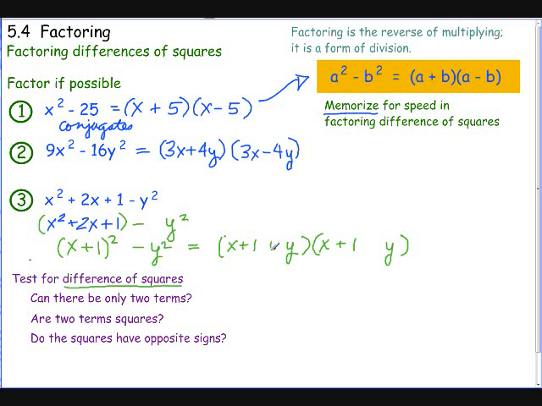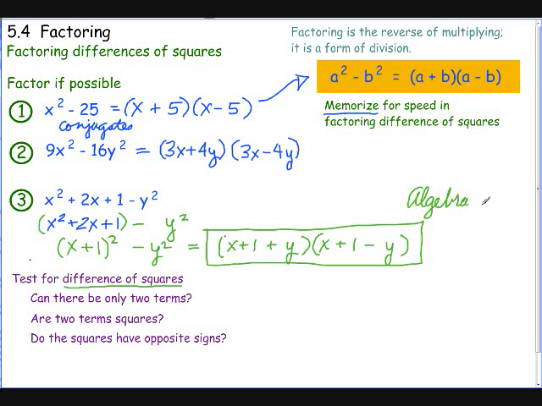We make one a sum and the other a difference. And we factored using difference of squares. You can tell now that you are in Algebra 2. Because you did something similar in Algebra 1, but you probably didn't do this.